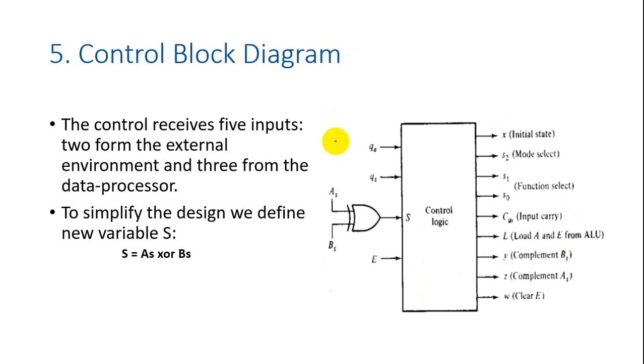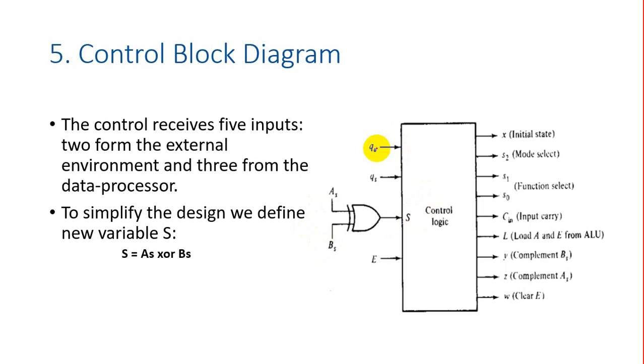Now, as you have seen in the last theory class, the S bit, the exclusive OR of sign of A and sign of B, is the S bit. From the flowchart, we know that by using the exclusive OR operation, we get the S bit. Okay. So these are the inputs of our control logic.